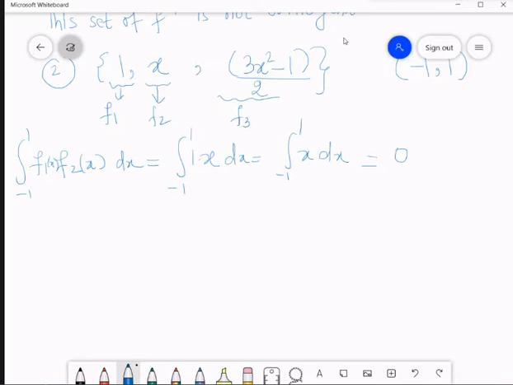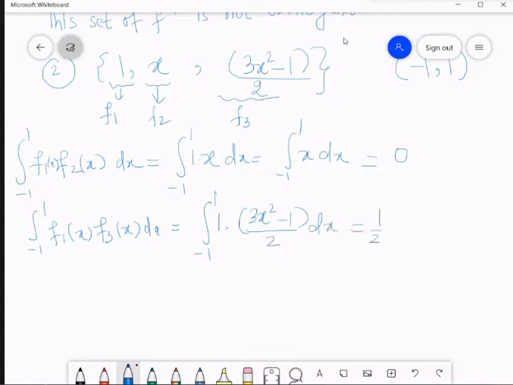Let us take the second one, -1 to 1, f1 of x with f3 of x. So this turns out to be the integral from -1 to 1 of 1 multiplied by 3x square minus 1 divided by 2 dx. If I take the half outside, I'll have 1 by 2 times the integral of 3x square minus 1 dx.